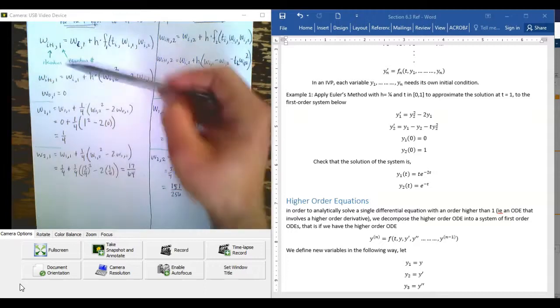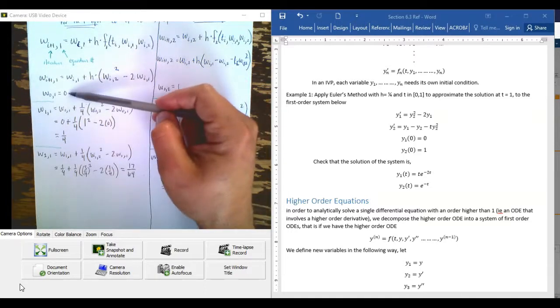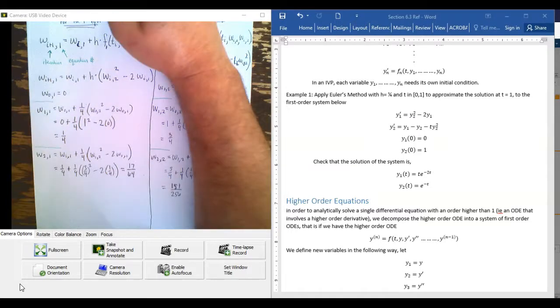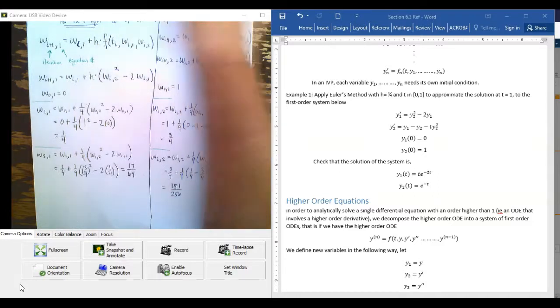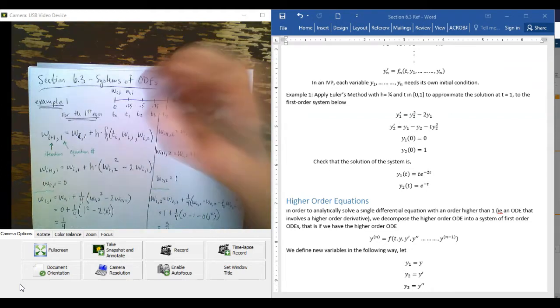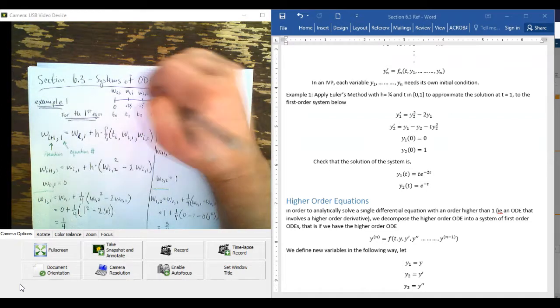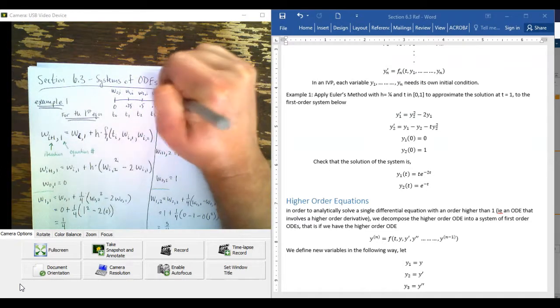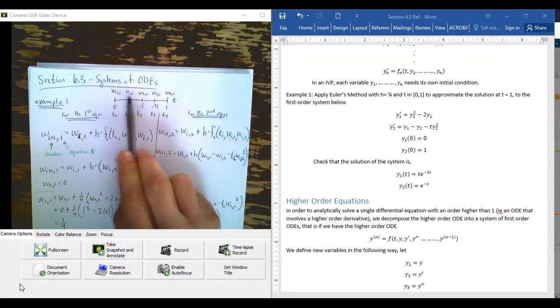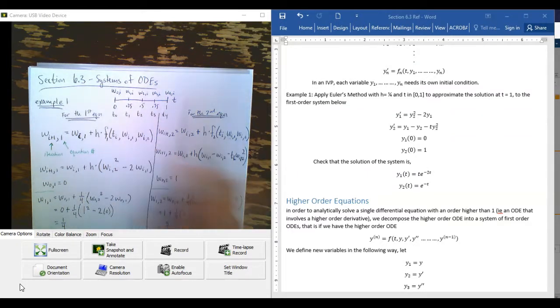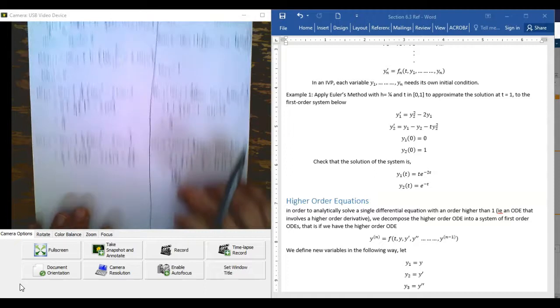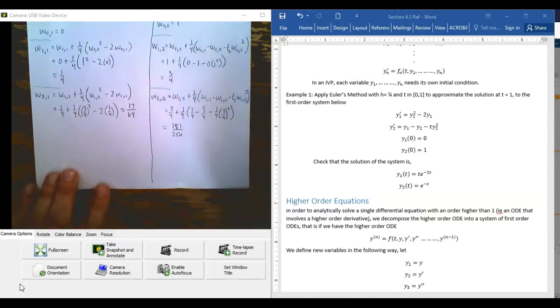When we do this first iteration, we have the known solution, our W0i's, W1i's, W2i, W3i, W4i, right? So we need to go to 4 iterations in order to get the solution at t equals 1. Okay, so keep that in mind. So just a couple more.